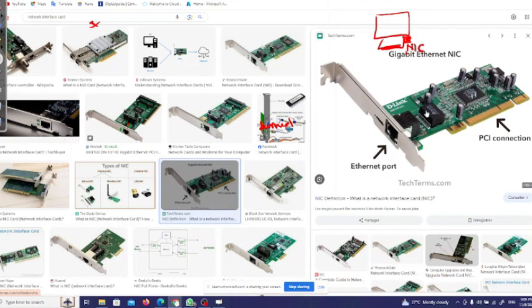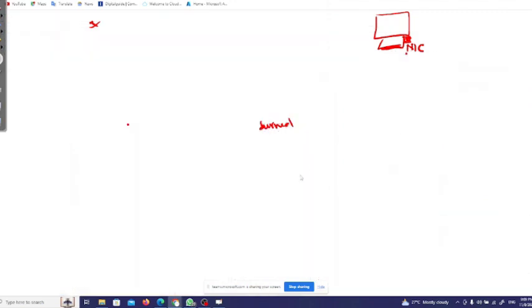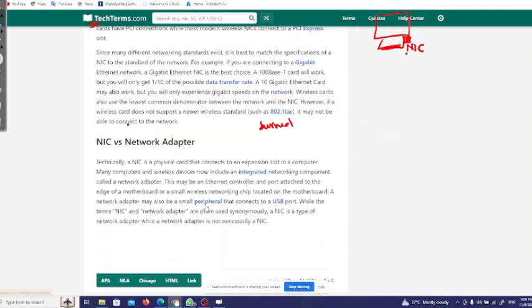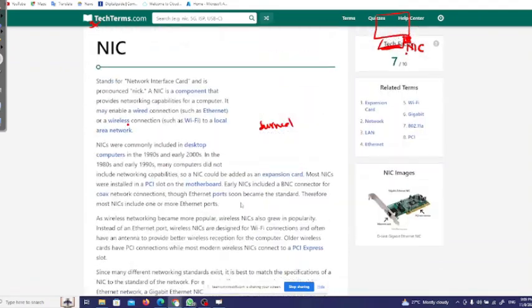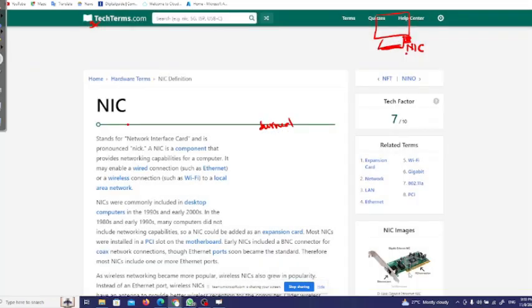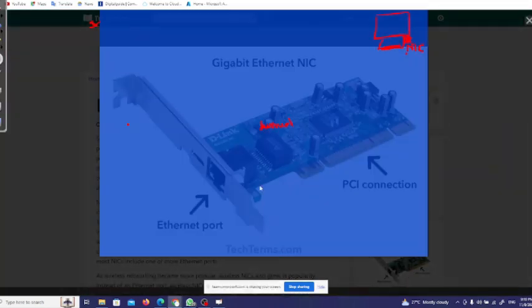And on this network interface card, I don't know if we can see it on this one, but somewhere here there's an address which is hard-coded on this card. Let me check.